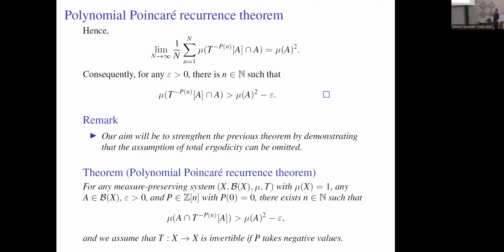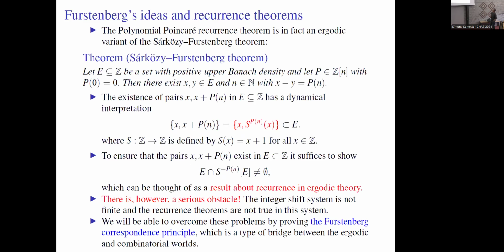And you will see how efficient it is in the context of the Roth theorem and Szemerédi theorem also. So weak mixing is a very important class of measure preserving systems where the Szemerédi theorem can be proved by direct application of van der Corput, and we will see that hopefully today.